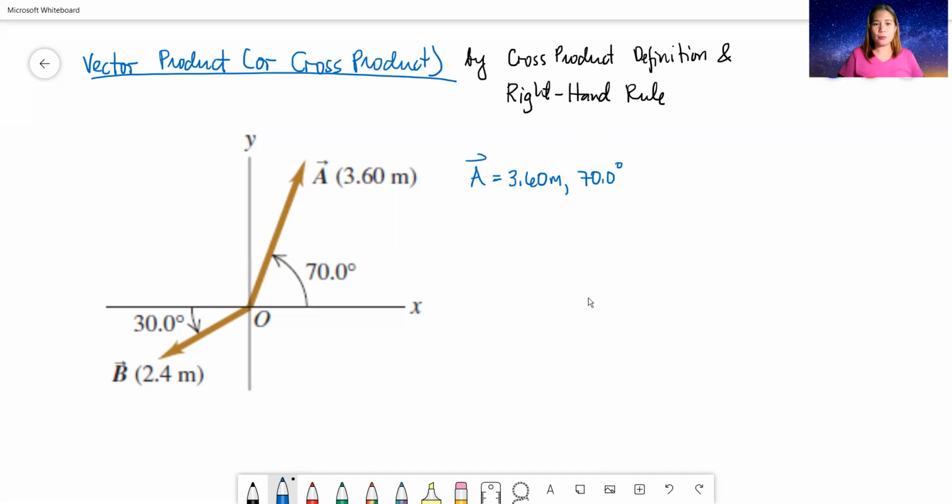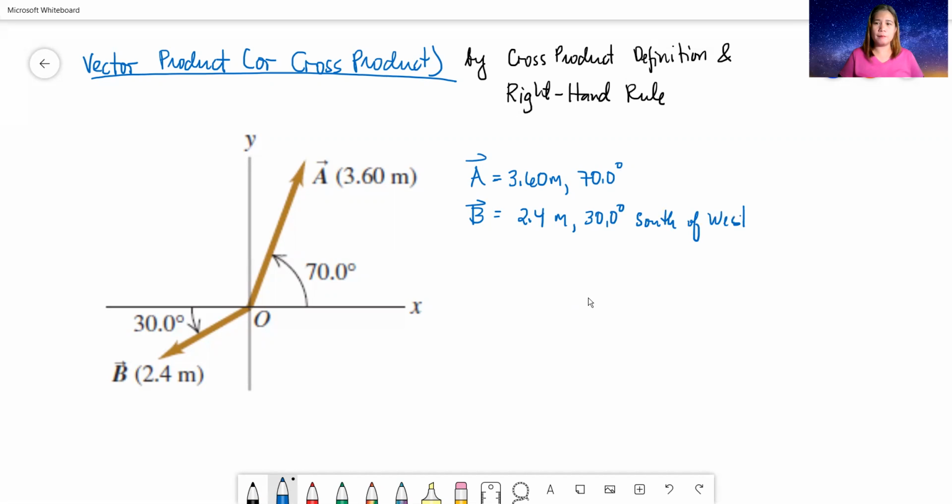And then for vector B, the magnitude is 2.4 meters, and the direction is 30 degrees south of, let's say, below the negative x-axis, but we can also take it as 30 degrees south of west.